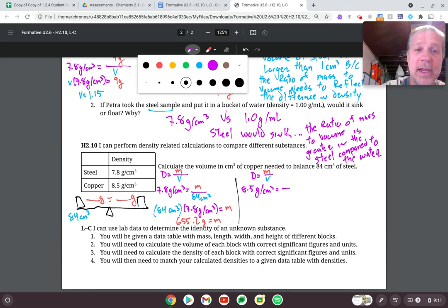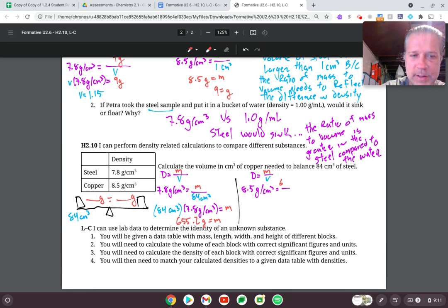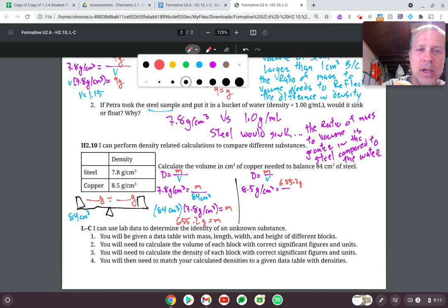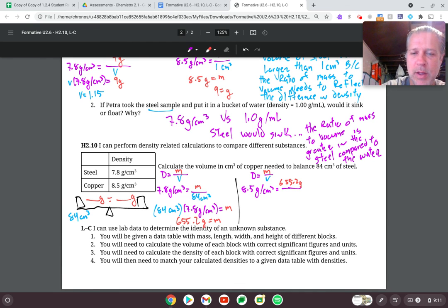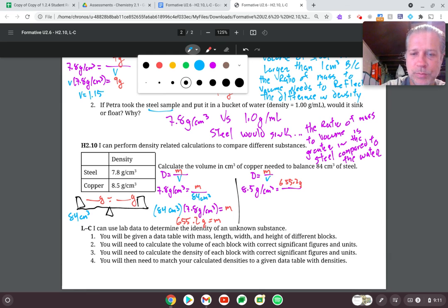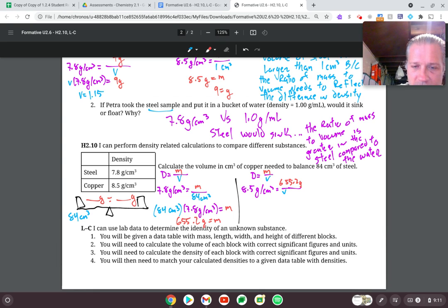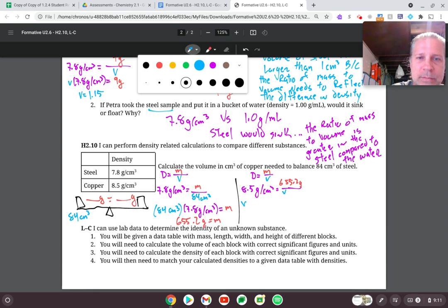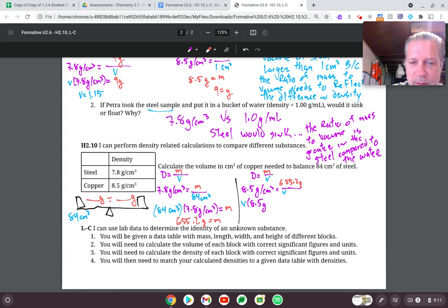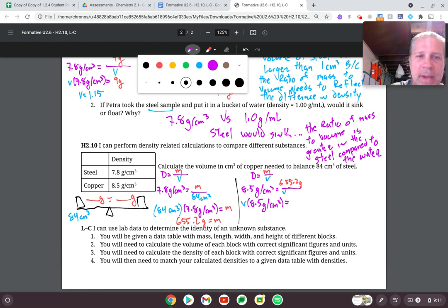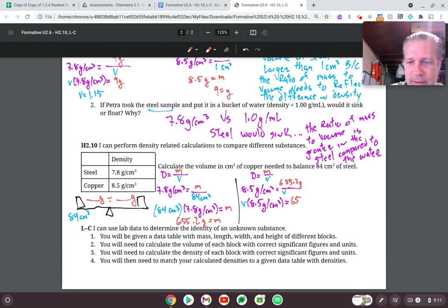I know the mass that I need is 655.2 grams. And I'm going to solve for my volume. So I'll multiply volume to both sides. And my problem will have 8.5 grams per centimeter cubed, and that's going to equal the mass, which is 655.2 grams. I'm going to divide both sides by the 8.5.